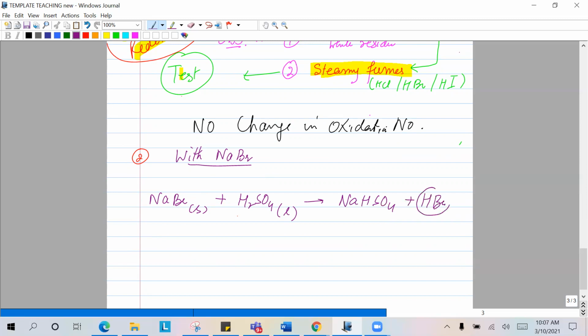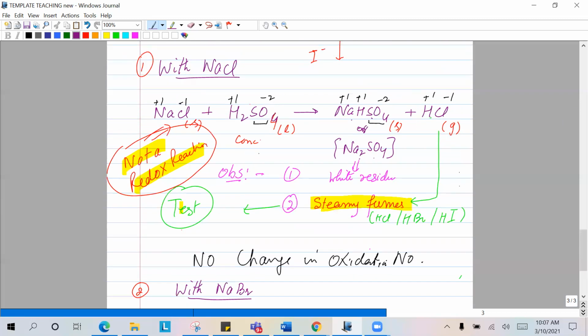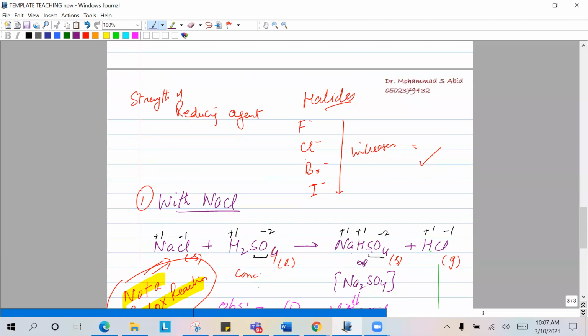But the problem here is this HBr is a good reducing agent. HCl was not a good reducing agent, because when you have the Cl minus ion, it is not a good reducing agent, because as you go down the group, the reducing power increases. So Br is a better reducing agent.